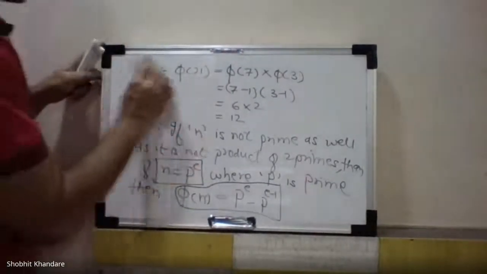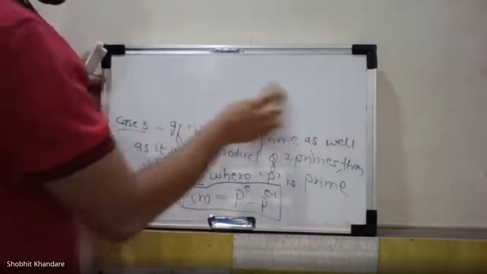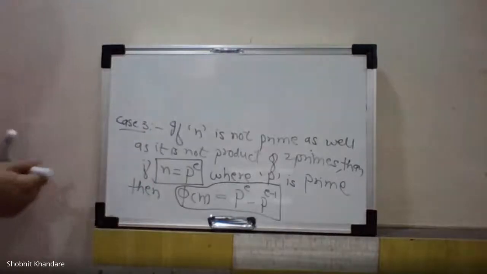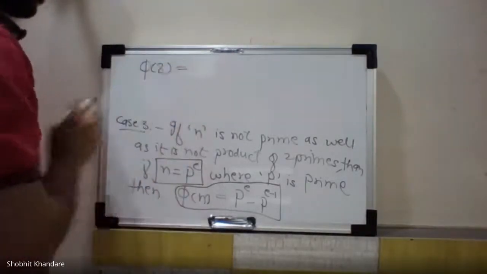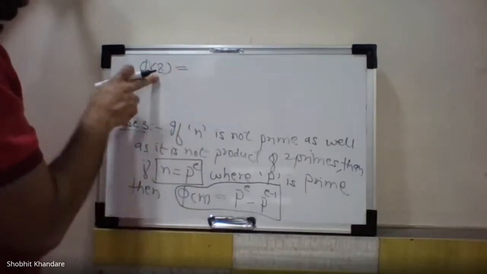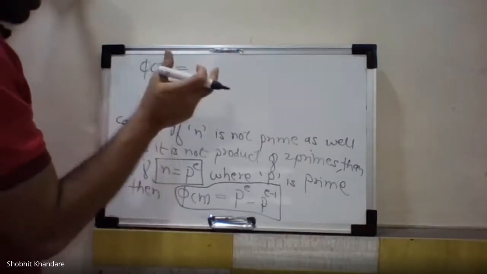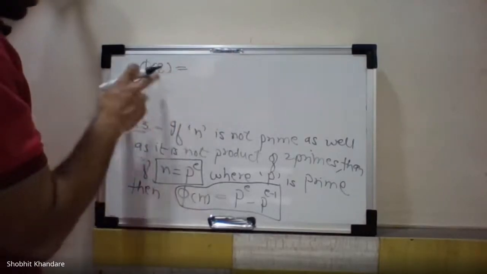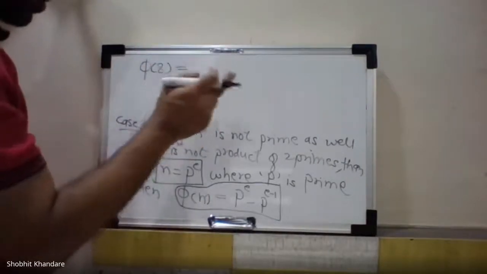And the best example I can give is phi of 8. Now here 8 has to be replaced, because 8 is not a prime number and it cannot be represented as the product of two prime numbers.